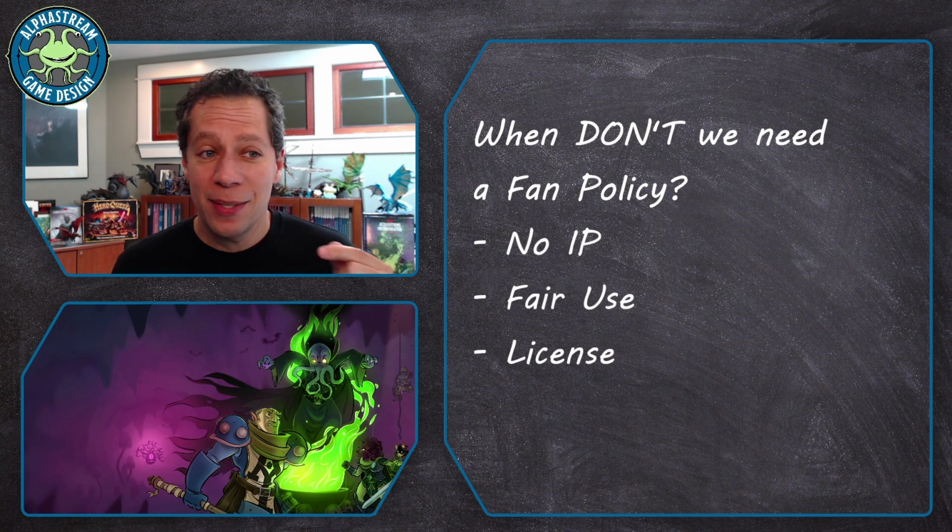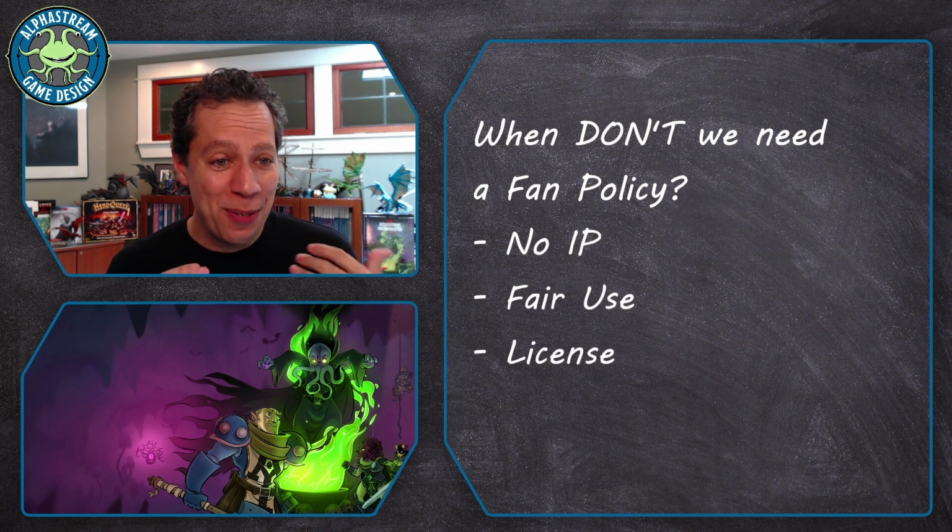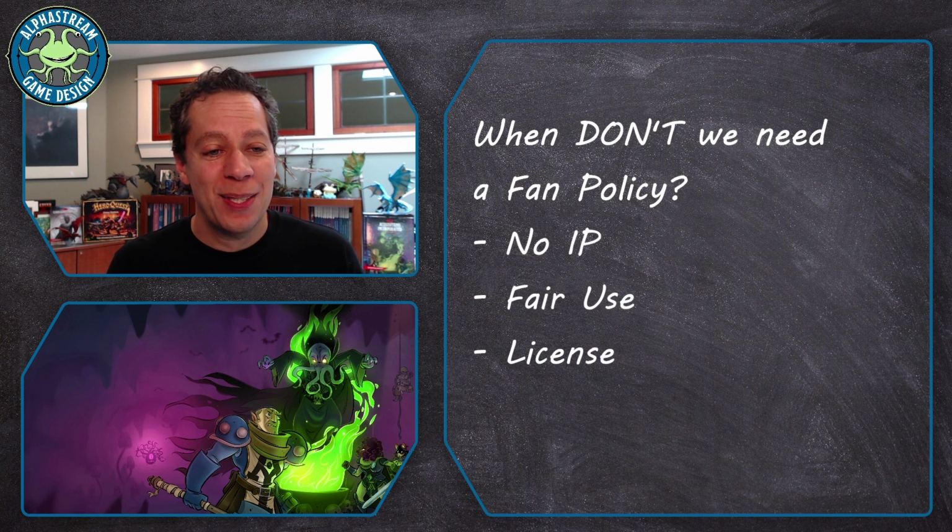And I can't create Dark Sun. And I can't use the Dark Sun logo when I'm on the DM's Guild, right? That license doesn't allow me to then tie into a fan policy, which isn't a license, just the fan policy, because I am using this other license. So you have to be careful that you don't cross the streams, right? You are using this particular license and no longer using the fan policy, and therefore aren't using it.